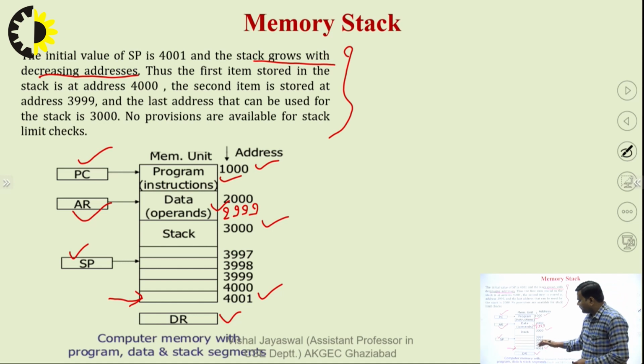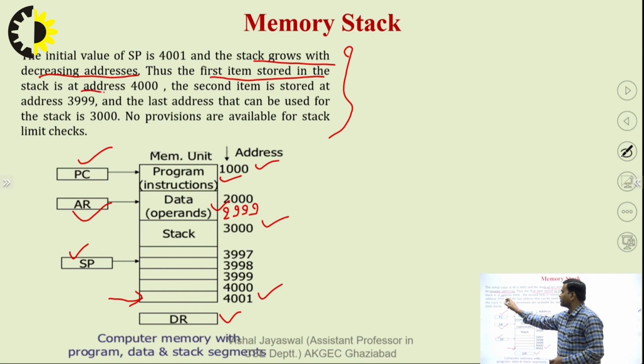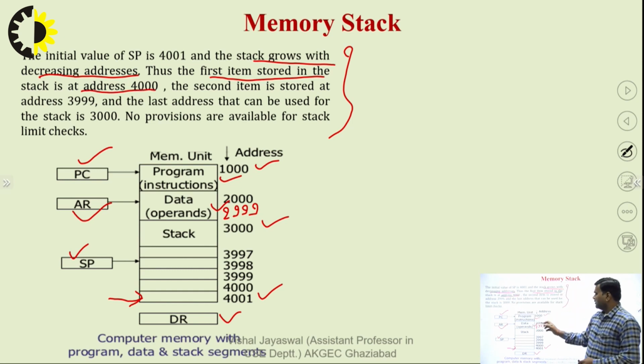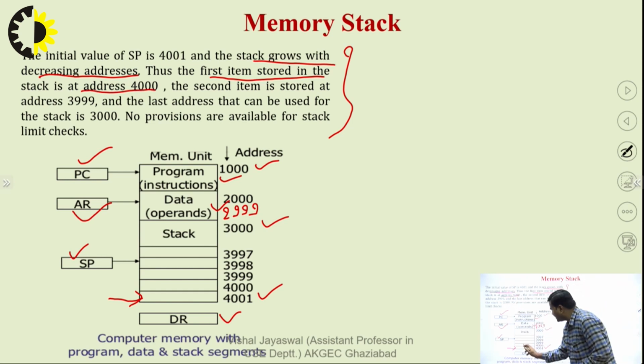It means when we perform the push operation, we decrement the stack pointer register. Thus, the first item is stored in the stack at address 4000. Let's suppose our first item is A, that is stored at location 4000.